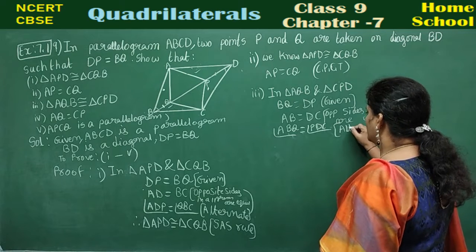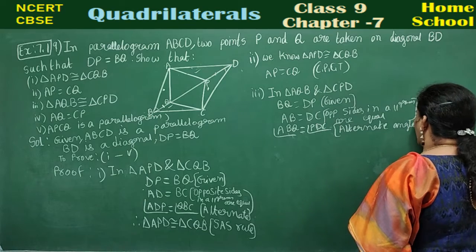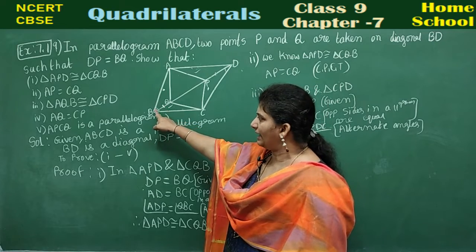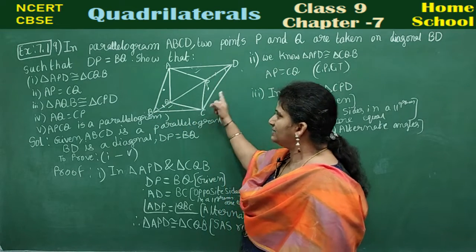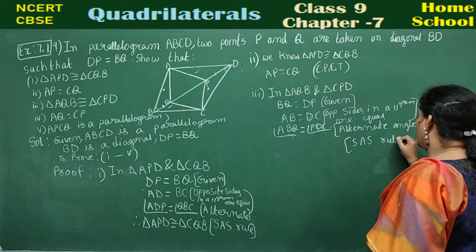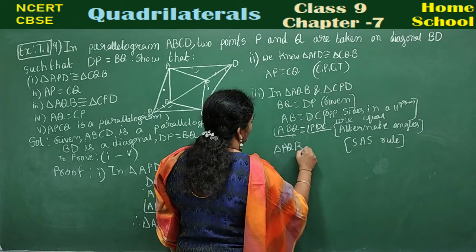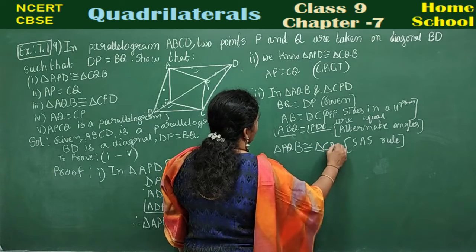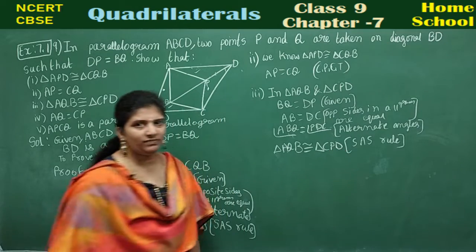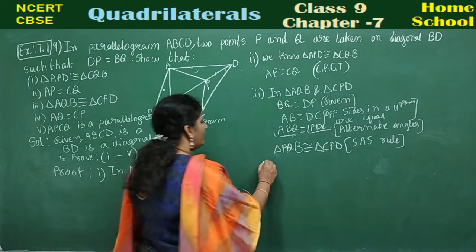Alternate angles in a parallelogram are equal. Now compare carefully, children: side, angle, side. Therefore, by the SAS congruency rule, I say that triangle AQB is congruent to triangle CPD. Yes, is this the thing we need to prove? Yes. Go to the fourth one.